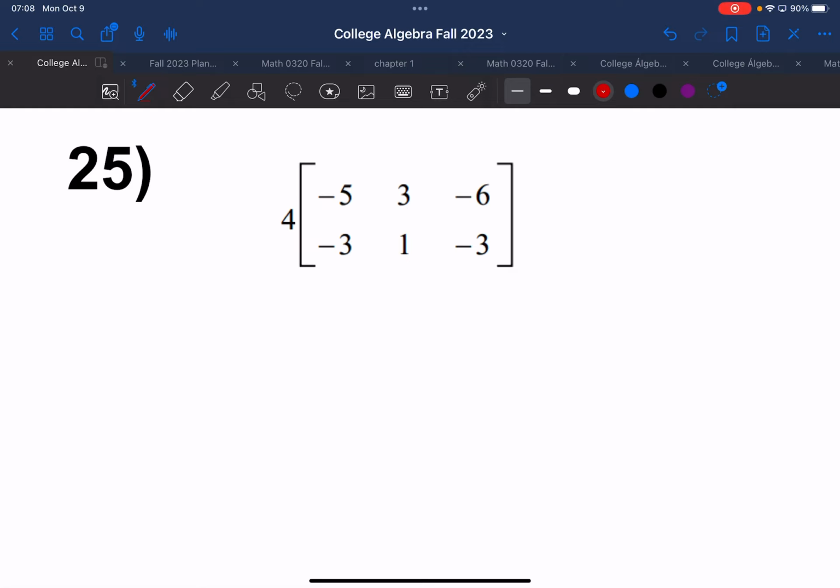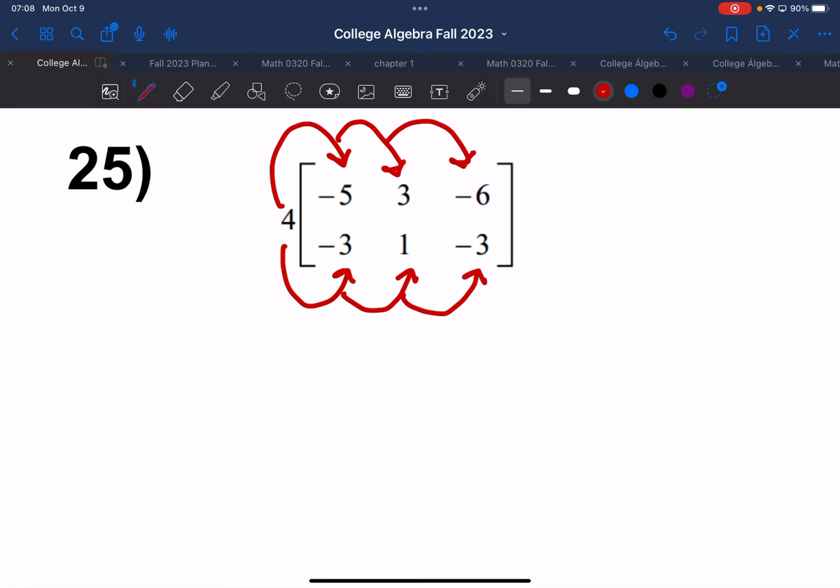So what you should be doing is distributing that 4 to the top row and to the bottom row, which means 4 is being multiplied by all of those numbers.